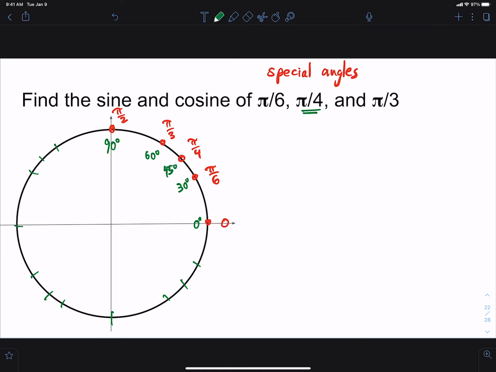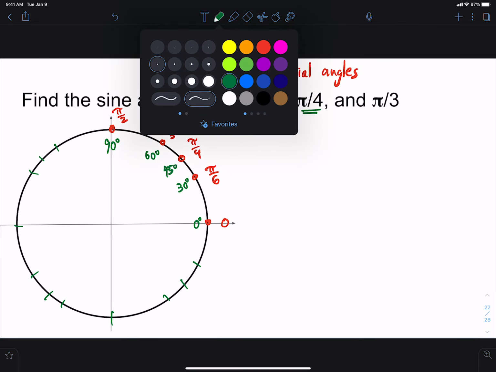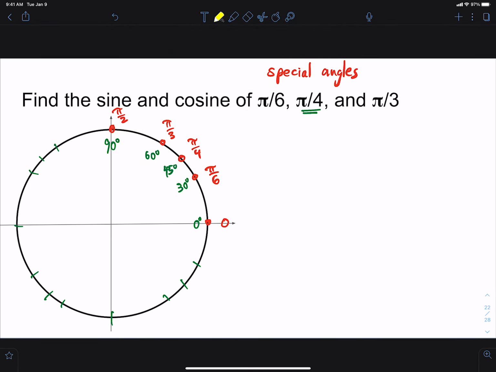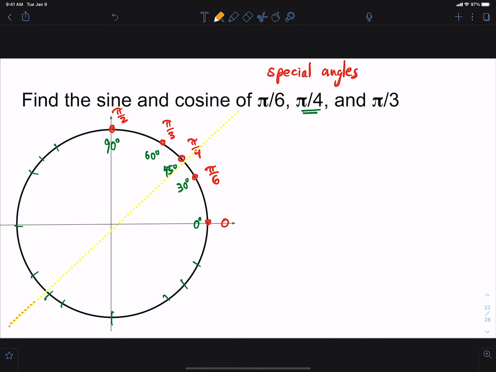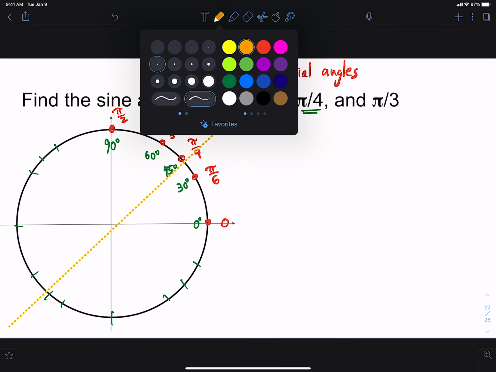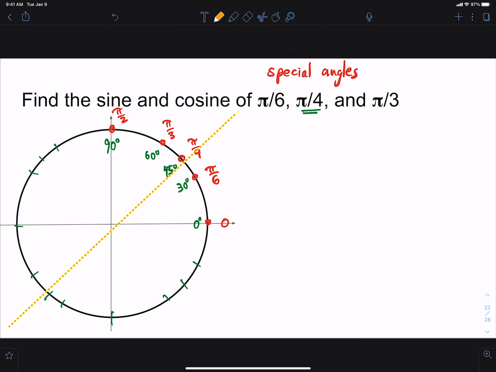So let's start with pi over 4. And for this, I want to draw a line. Let's take it through here. Oh, I shouldn't have done yellow. That's a bit too light. Let's try orange. And the equation of this line is y equals x, because 45 degrees means that here's 45 degrees.